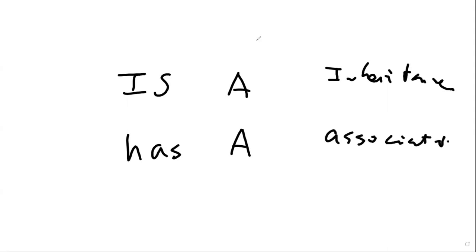Is-A, we also call it inheritance. Has-A, we call it association. How to test it? If there are two classes, a car and an engine, the car has an engine.